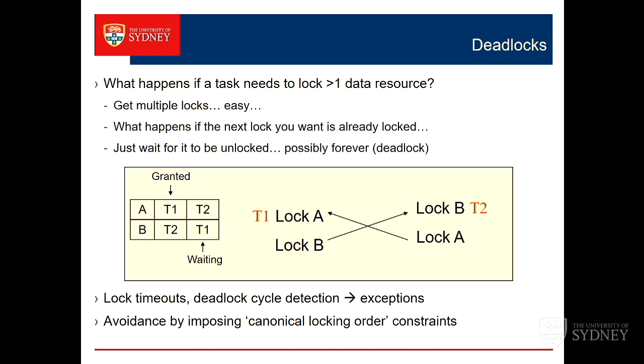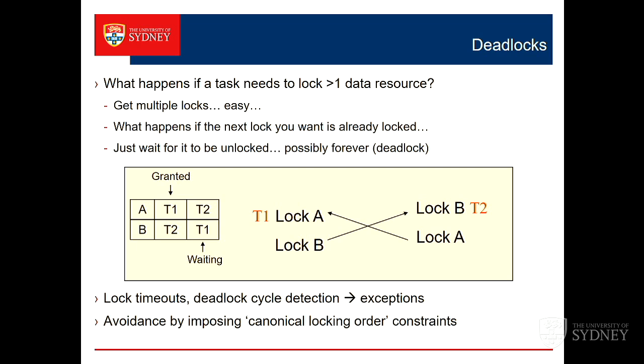And canonical locking order, you can say you can write applications, but you must always lock instances of A before you lock instances of B. You must. So T2 would be written the other way around. T2 would also say lock A, then lock B, if we had that type of canonical locking order. And if we did that, then the ordinary locks would have shifted them in time without the deadlock.